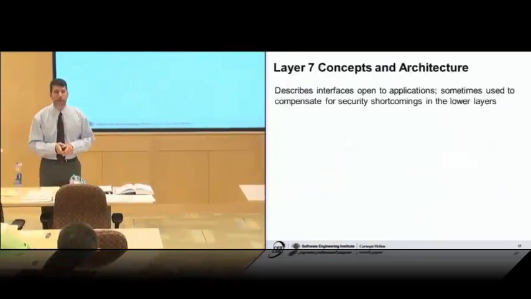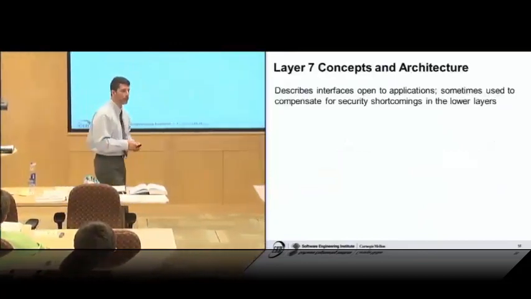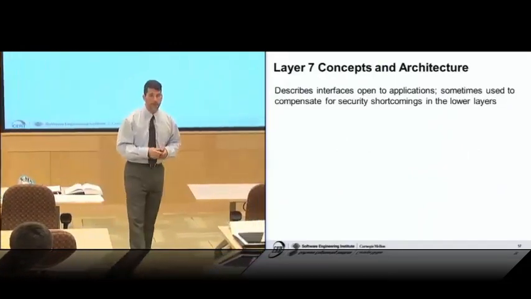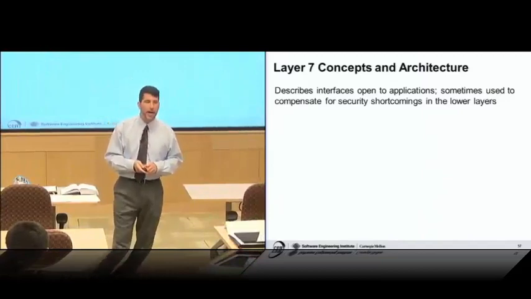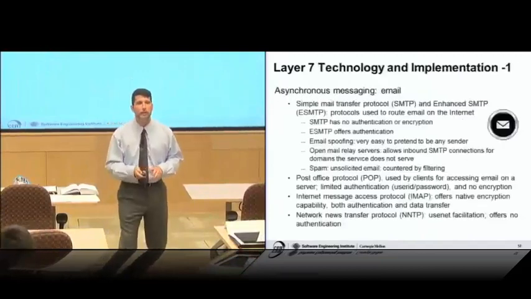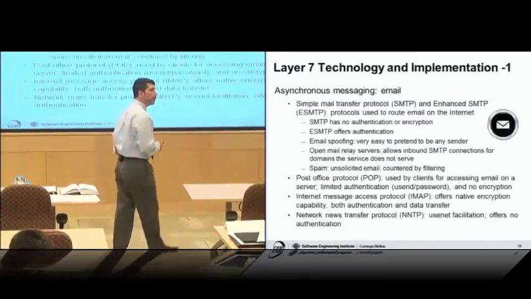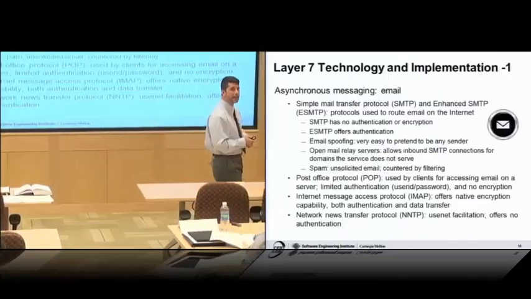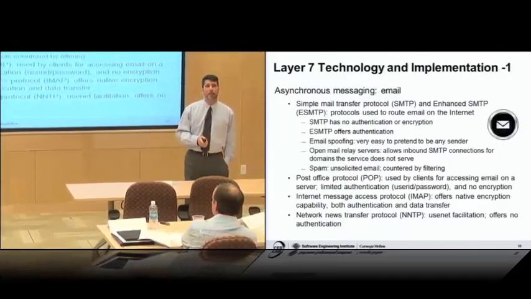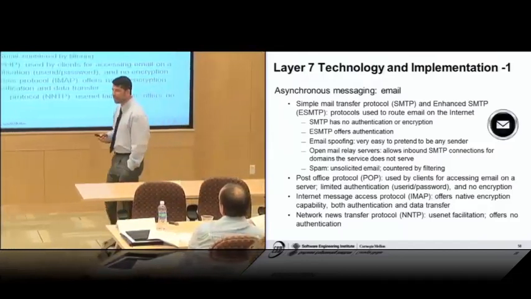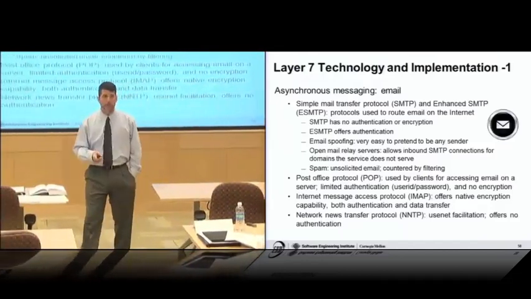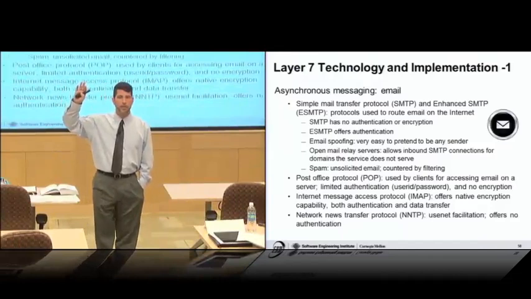At 7, you can sometimes make up for problems in 1 through 6. It's a good place to add compensating controls. It's also where we see things like email, SNMP, SMTP or ESMTP. Anyone use ESMTP?